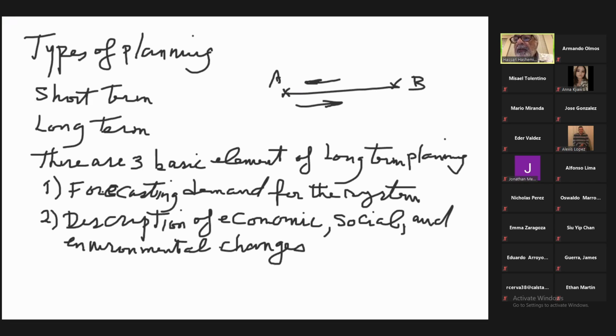So we have to figure out, if we are building that highway, what will be happening to economic, social, and environmental changes in that area.